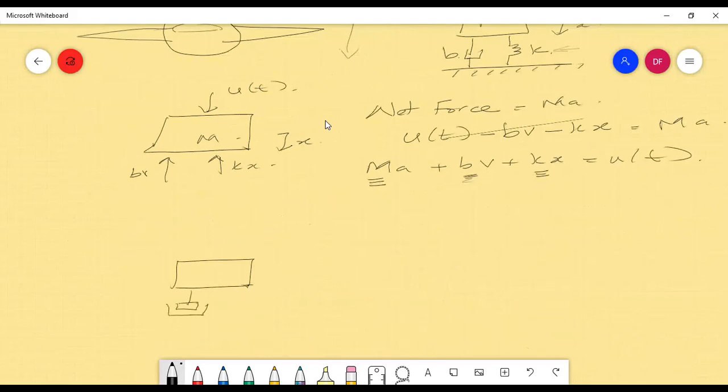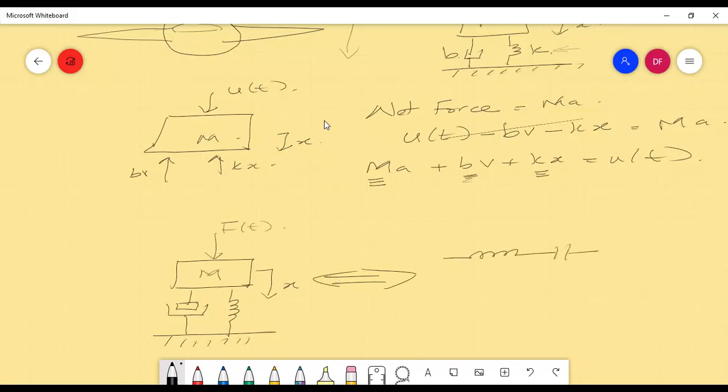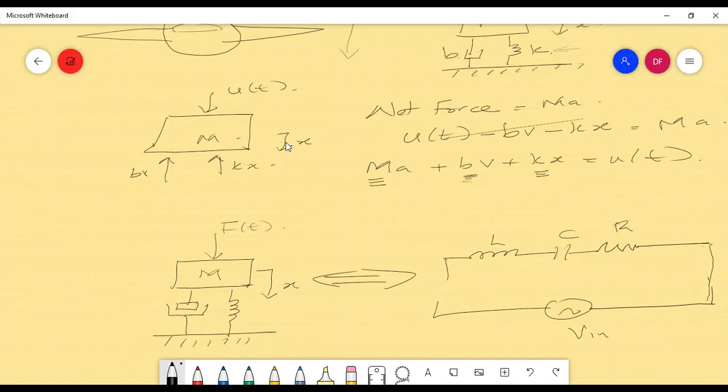Some people in some cultures or some people in some disciplines view these two things as equivalent because they end up with the same differential equation.